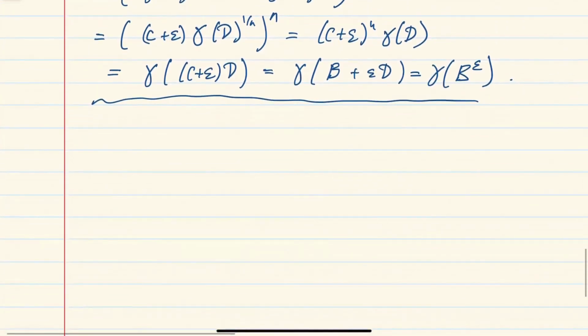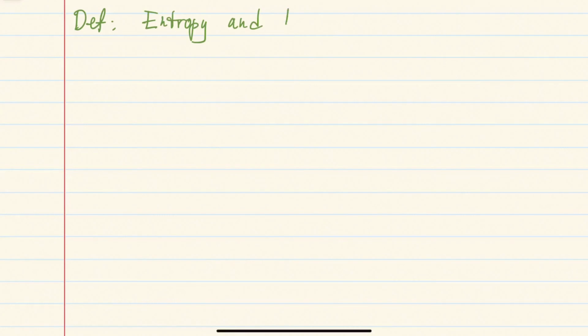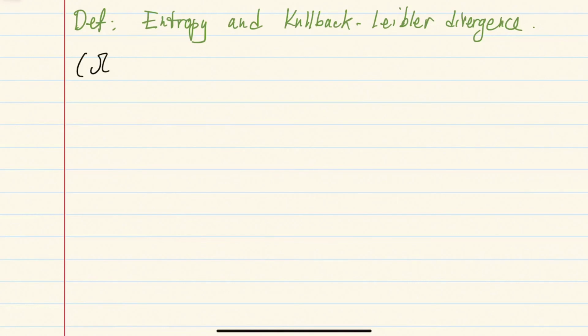All right, so the next object that we need to define is the so-called entropy and Kullback-Leibler divergence between measures. So here we consider some probability space, a measurable space omega with probability P on it, and then consider some measurable non-negative function u on this space.